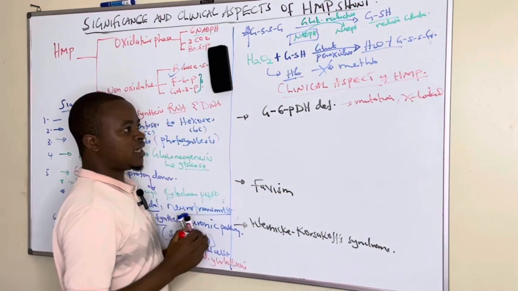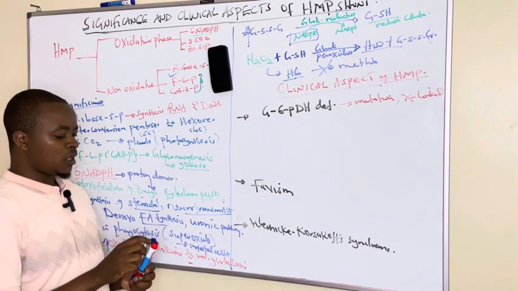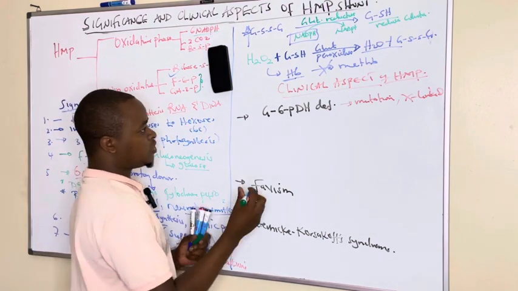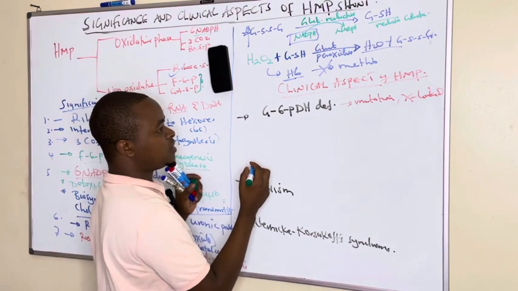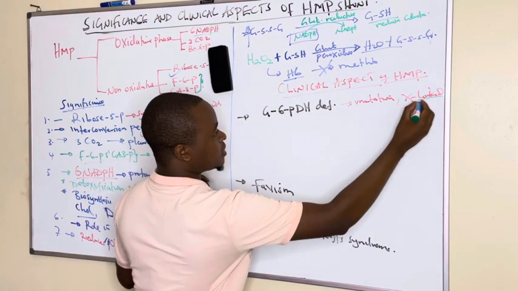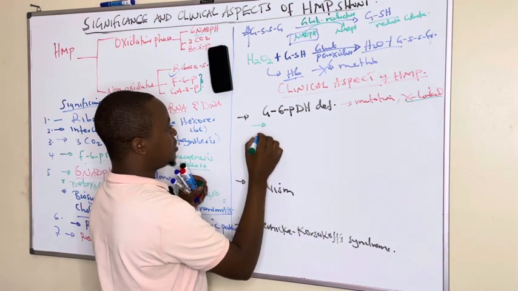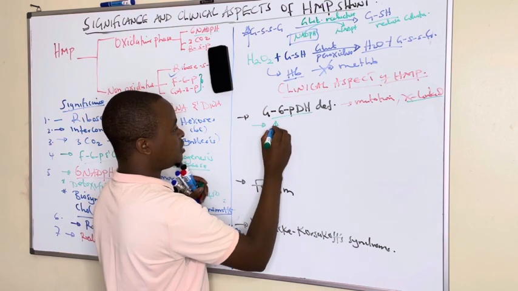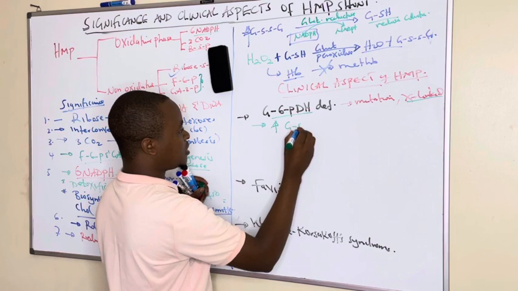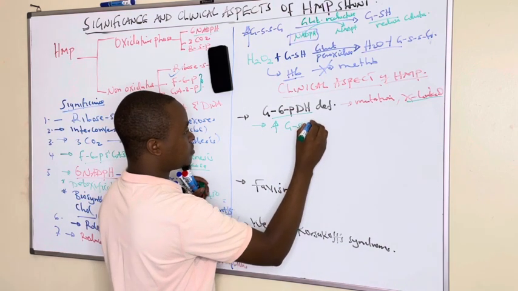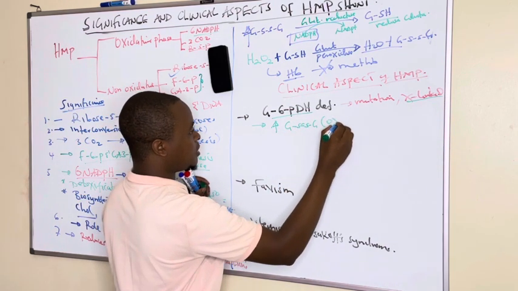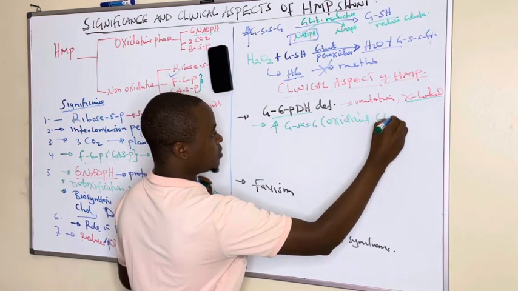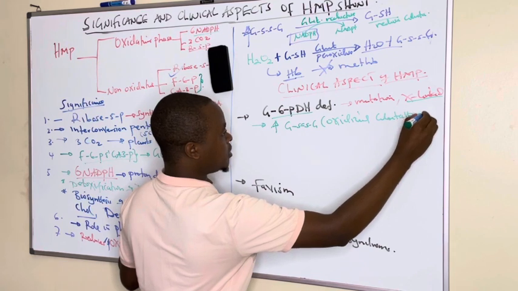In the clinical presentation of G6PD, whenever there is a deficiency of this enzyme, there is accumulation of oxidized glutathione in cells.